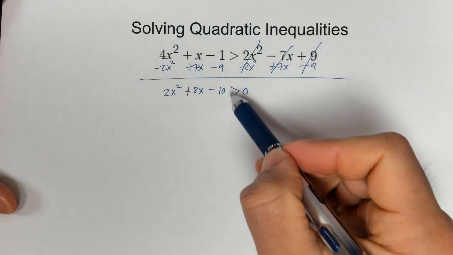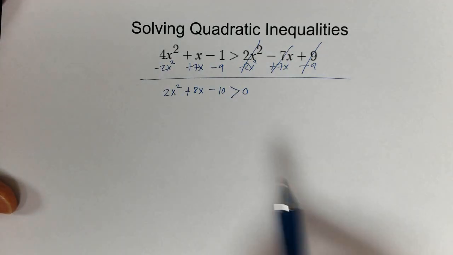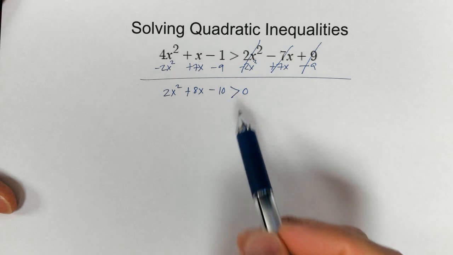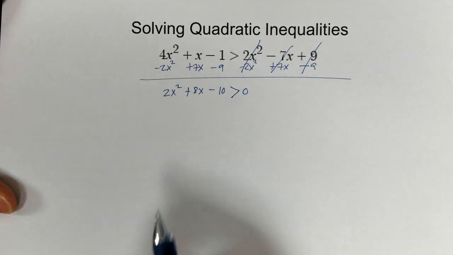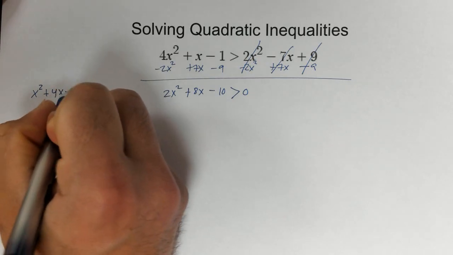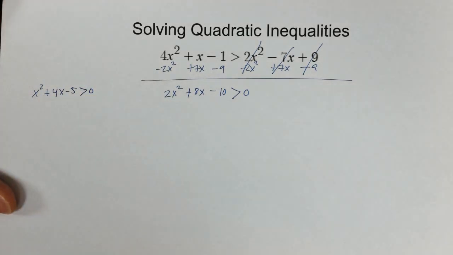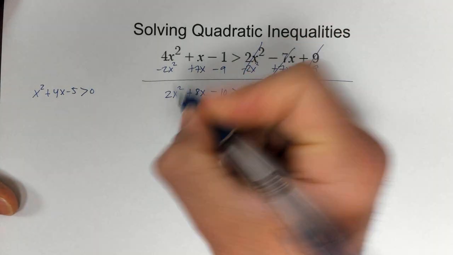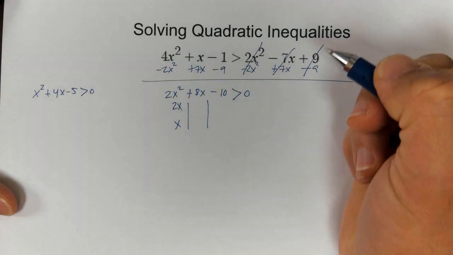I'm already thinking open circle because there's no equal symbol, right? Now, notice how everything here is divisible by 2. You can divide everything by 2 and solve this equation instead. It doesn't matter, right? The columns will work the same. So if I do the columns here, I got 2x times x.